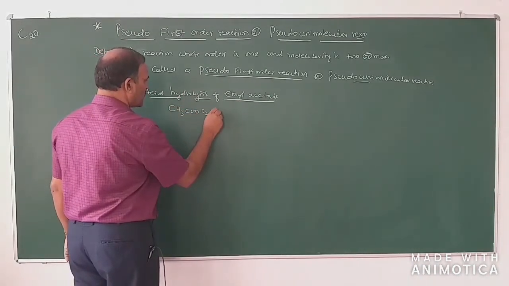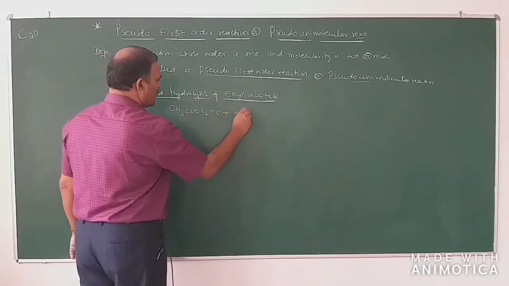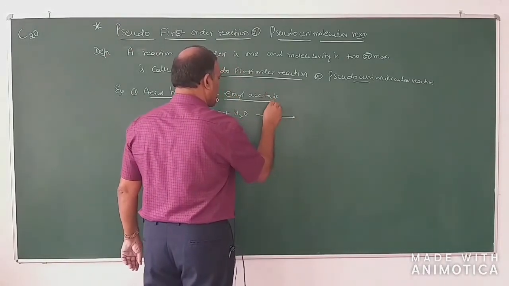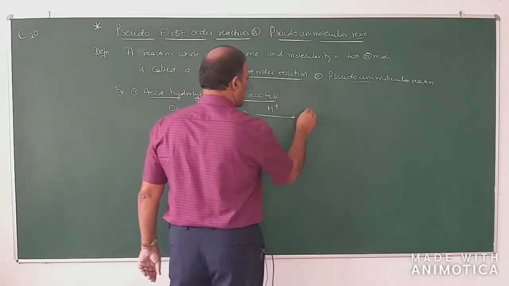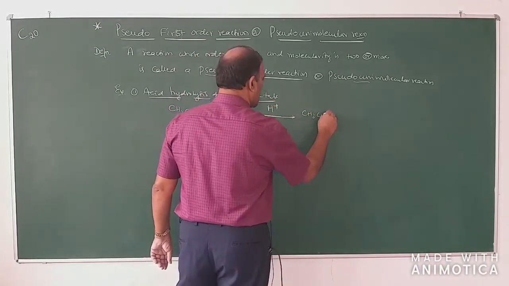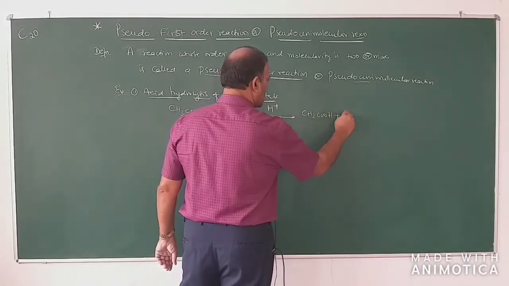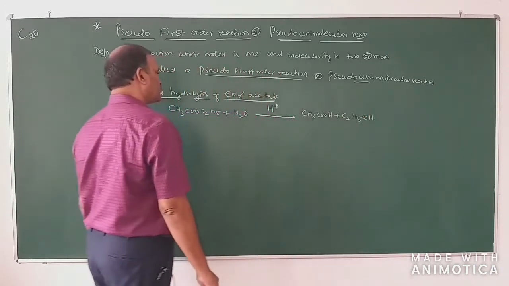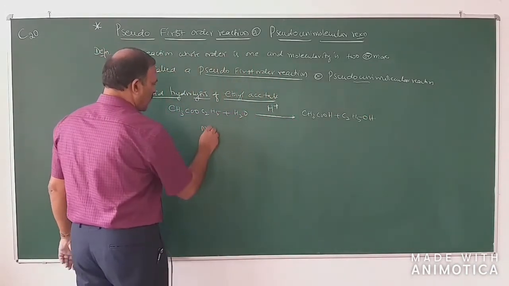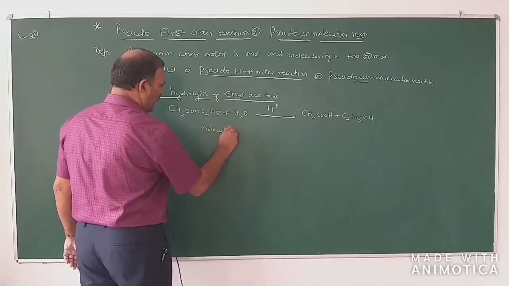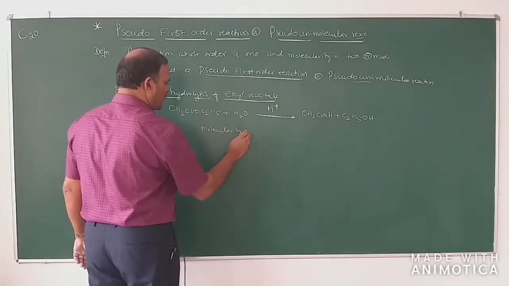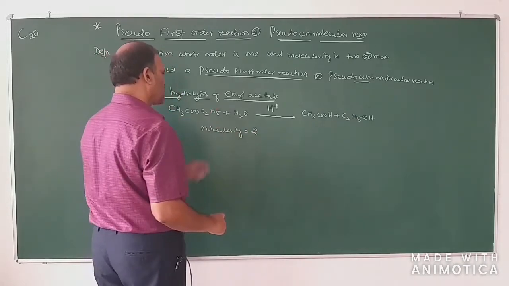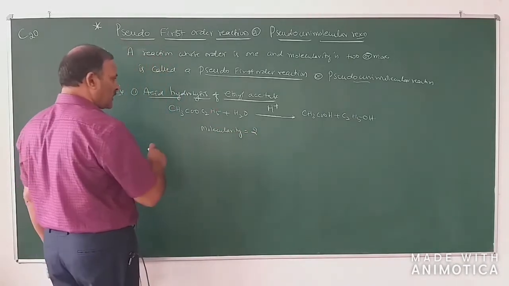CH3COOC2H5 plus H2O in presence of mineral acid H+, you will get CH3COOH plus C2H5OH. Here molecularity equals 2 because 2 molecules of reactants are taking part.